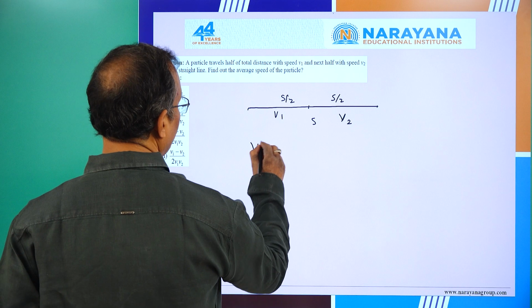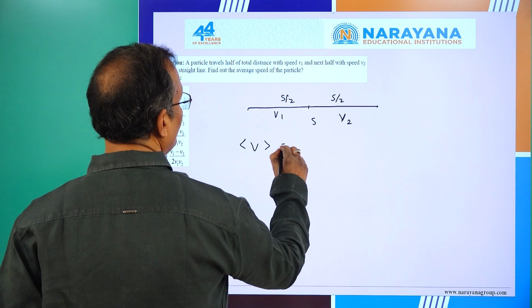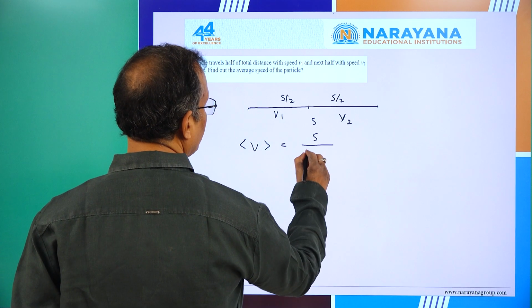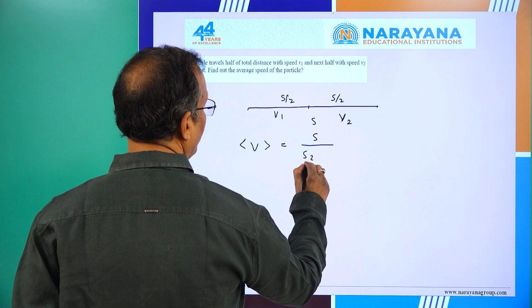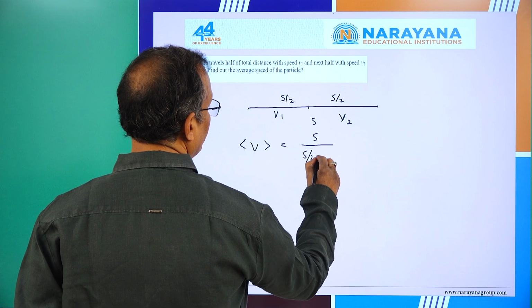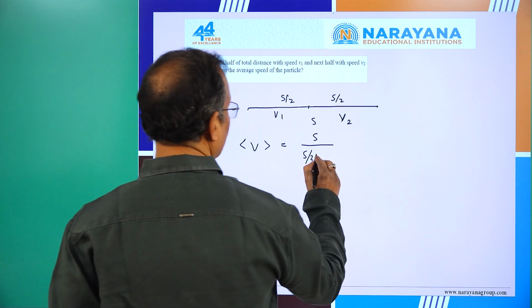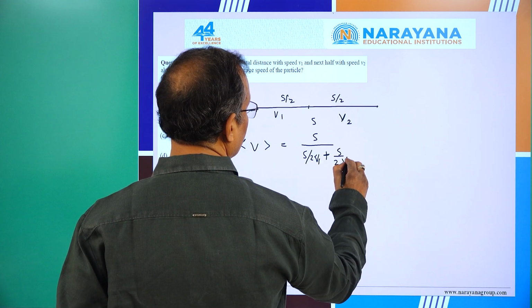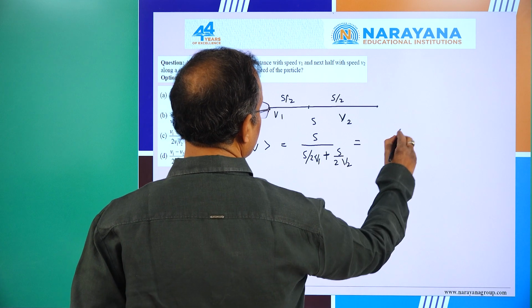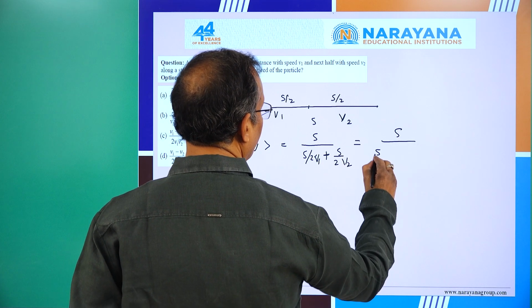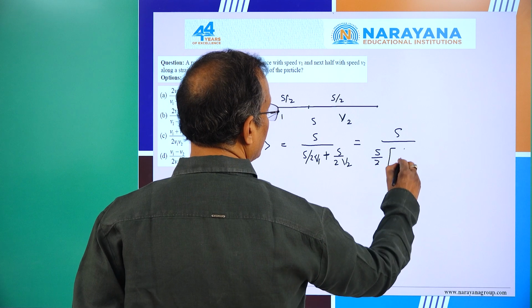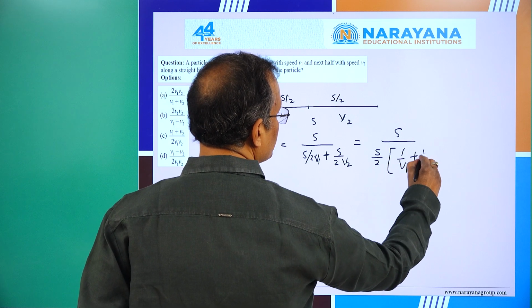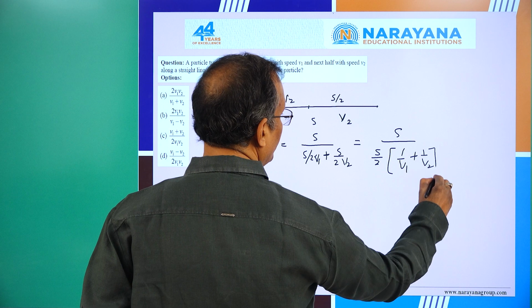So, average speed will be equal to S divided by (S by 2V1 plus S by 2V2). This is S. S by 2 you take common, 1 by V1 plus 1 by V2.